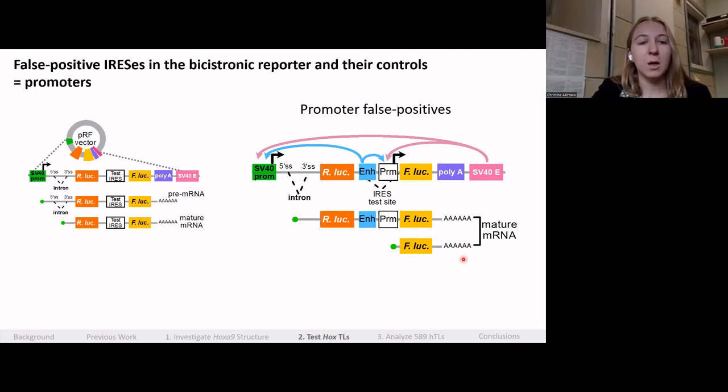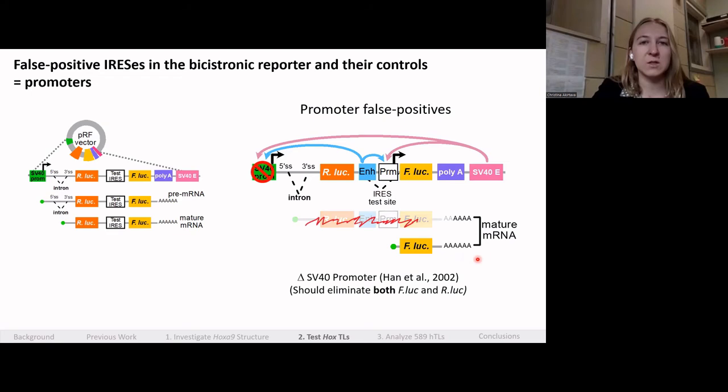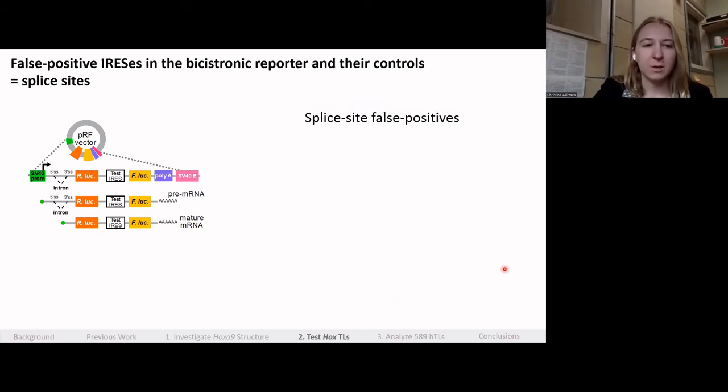So you would get F-Luc expression even though it was just using the cap-dependent model, not the IRES cap-independent system. One way to check for this is to delete the SV40 promoter, and if you still get F-Luc activity, you know you're generating monocistronic F-Luc.